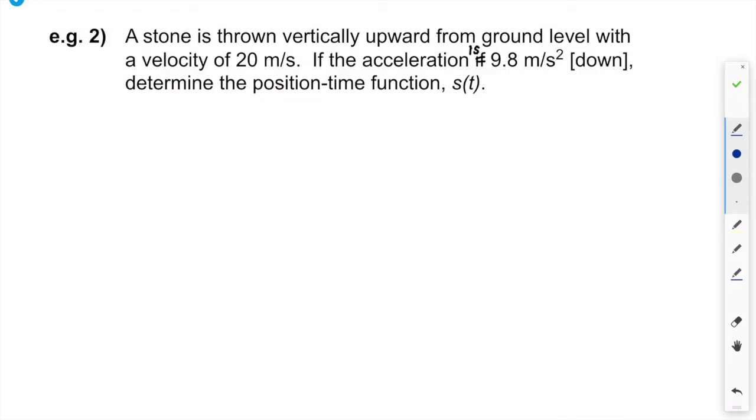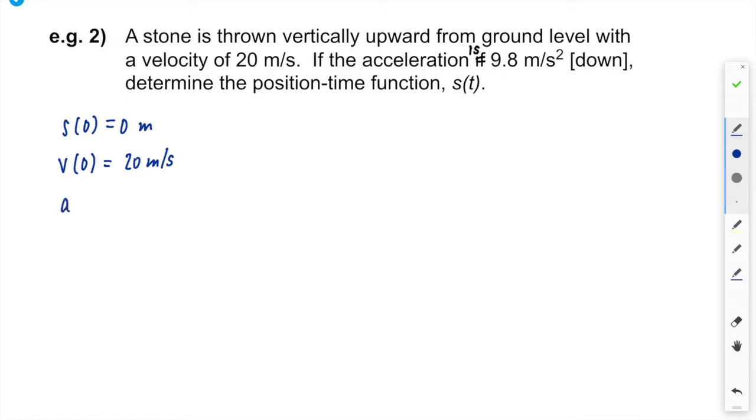So we're going back to relate these kinematics relationships between acceleration, velocity, and position. Let's list what's given to us. We are starting from the ground level. That means we can assume s of 0 is 0 meters, if you want to include units. The initial velocity, v of 0, is given as 20 meters per second.